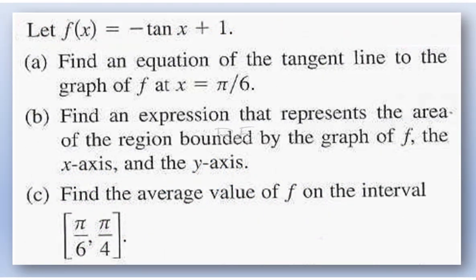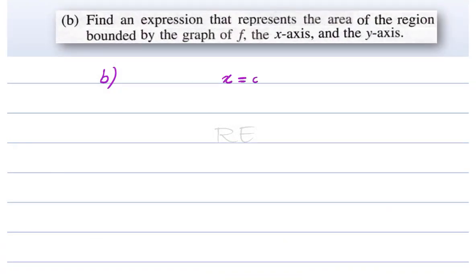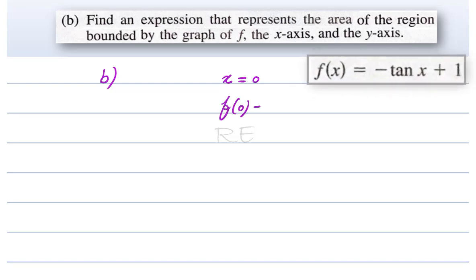B, we need to express the region in terms of an integral. That region is bounded by the graph of f, the x-axis, and the y-axis. First, we're going to look for the y-intercept, since the graph is bounded by the y-axis. For the y-intercept, x is equal to 0.